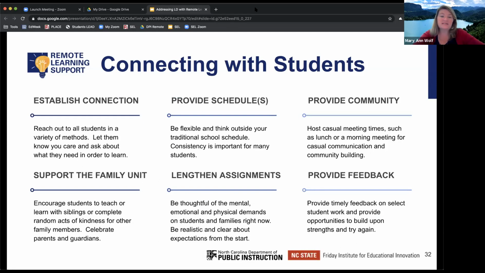We shared a couple of ideas about schedules. We don't want to say there's one schedule, but some families don't necessarily know how to create that schedule, and some students really don't, and we need to assume there isn't a lot of guidance. And so how do we give a couple of different ideas? This is what you might want to do. Can we provide some casual meeting times where students get together and just share how they're doing?